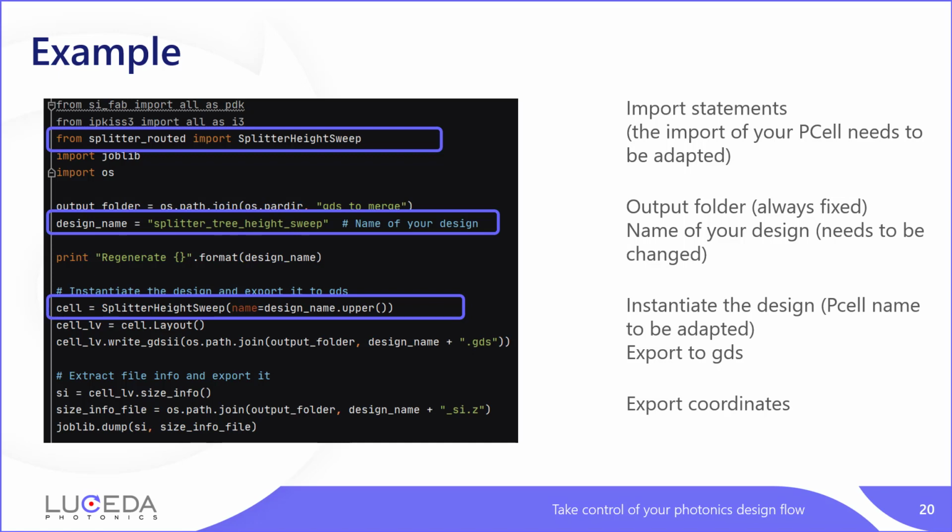Then we instantiate the design, of which the P cell name can be adapted with the good practices rules, such as you can add your designer name, add your key design aspects information. And finally, you will export your DOE design to a GDS and also export the layout size information.